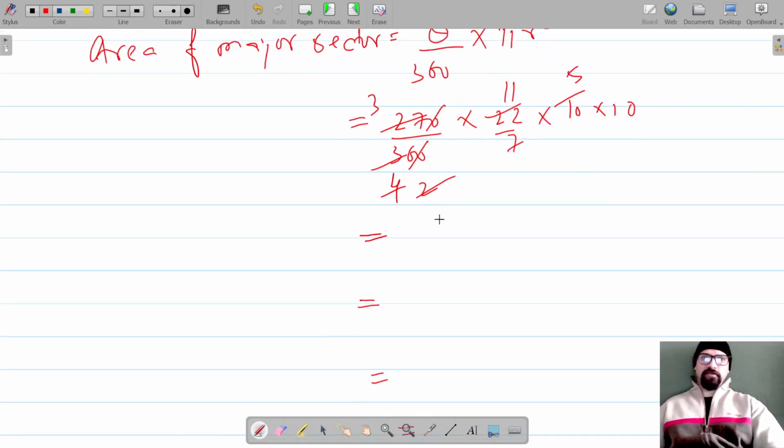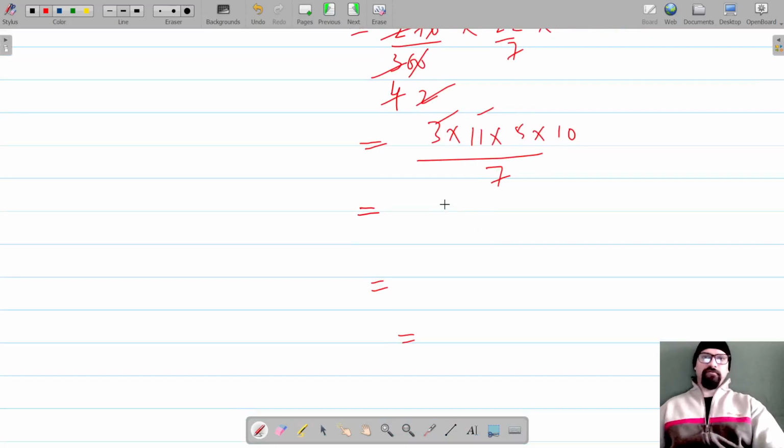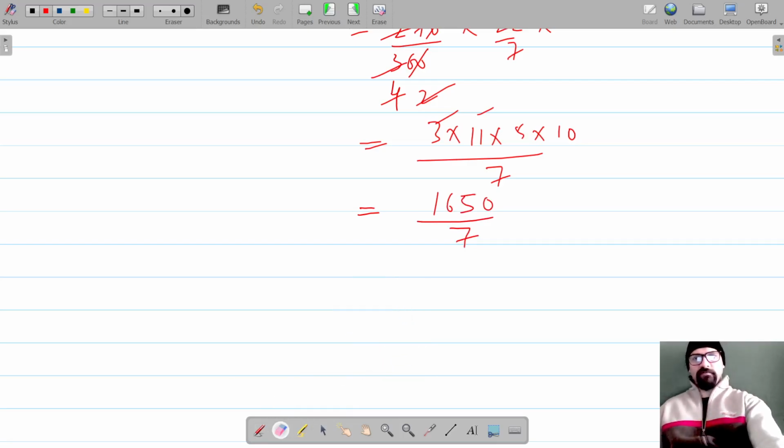And this is 3 into 11 into 5 into 10 by 7. So 3 into 11 is 33, into 5 is 165, and 165 into 10 is 1650. So 1650 divided by 7 should give me the area of the major sector.